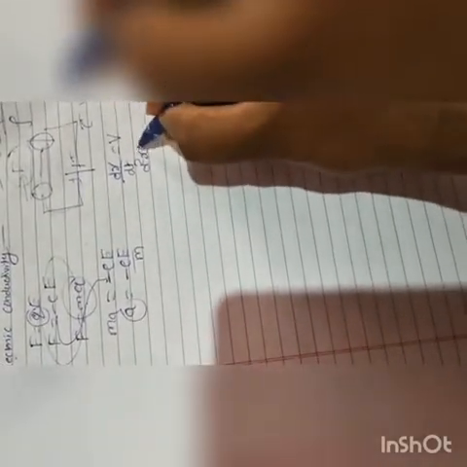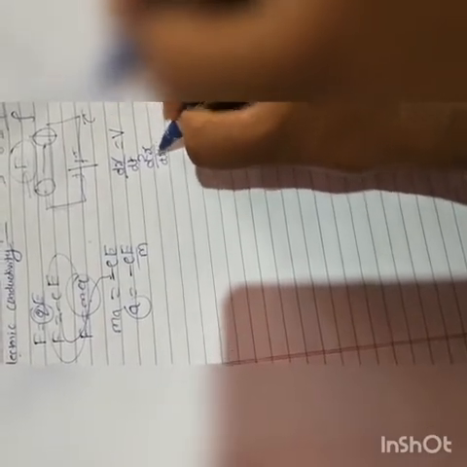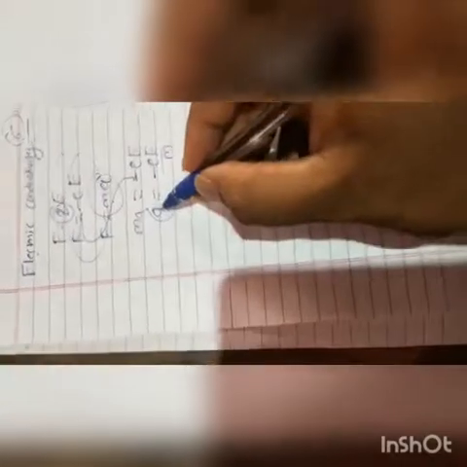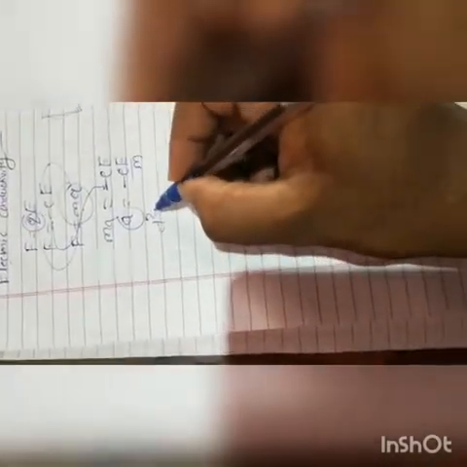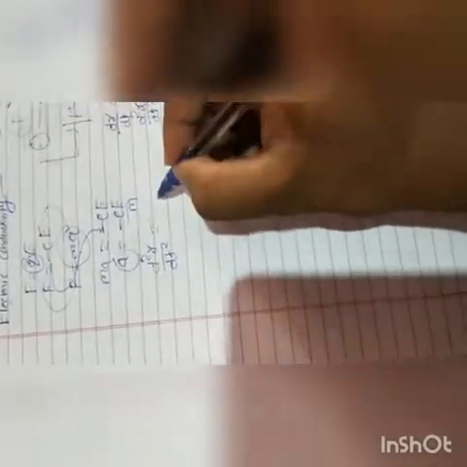I write this equation in differential form. For example, dx divided by dt we can write as velocity, and d square x divided by dt square is equal to a. So d square x divided by dt square is equal to minus eE divided by m.